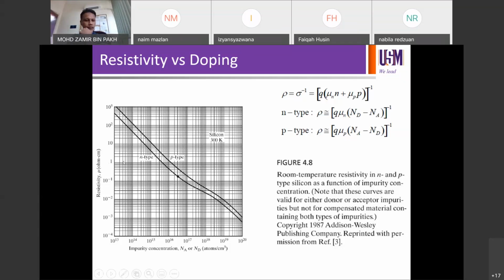Someone look at the curve and tell me. P-type is on the right hand side. N-type is on the left hand side. So what's the doping concentration at 1 ohm cm? That's about 10^16. Yep, that's about 10^16.